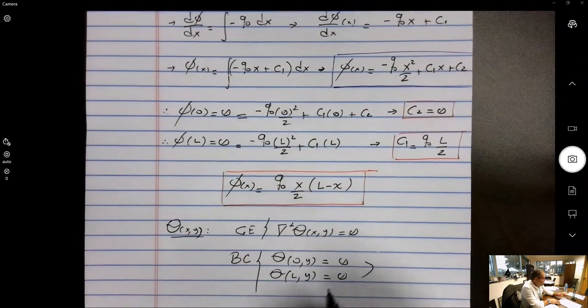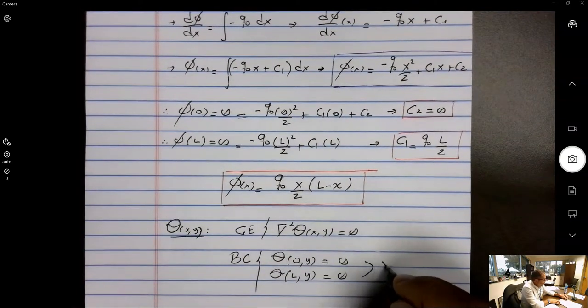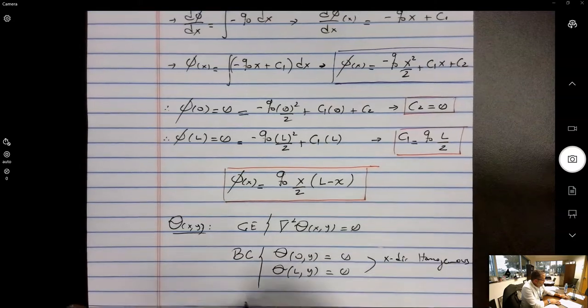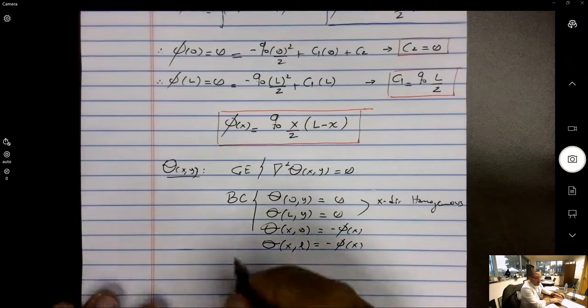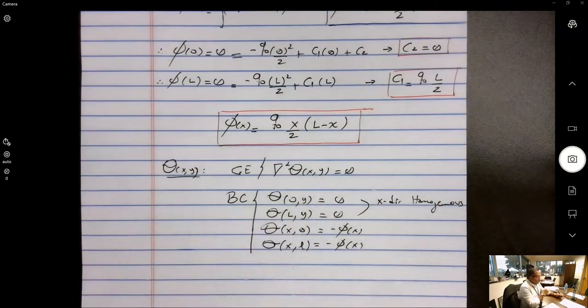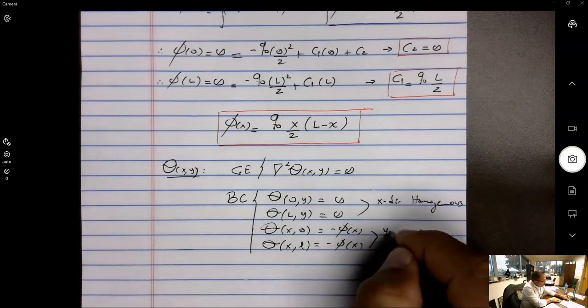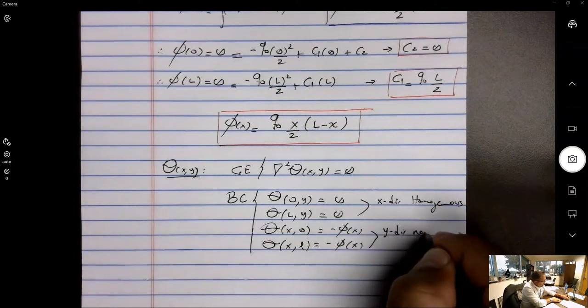So this is homogeneous, so this is x direction homogeneous. And theta at x, 0 and theta at x, L: this one is minus phi of x, and this one is minus phi of x. So we have the same condition at y equals 0 on the bottom plate and on the top plate, and this is the y direction, which is fully non-homogeneous.